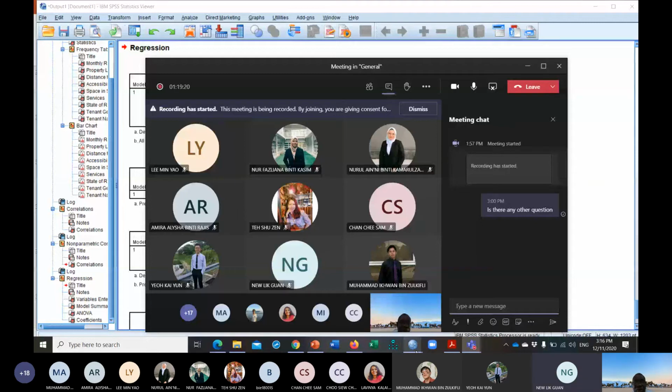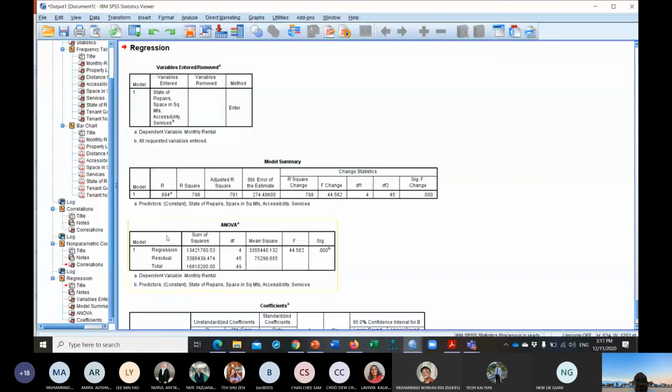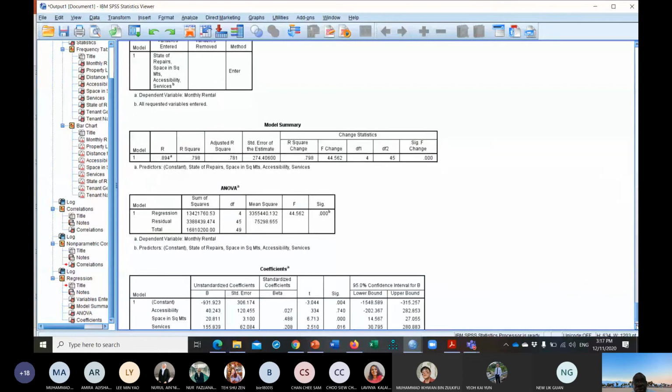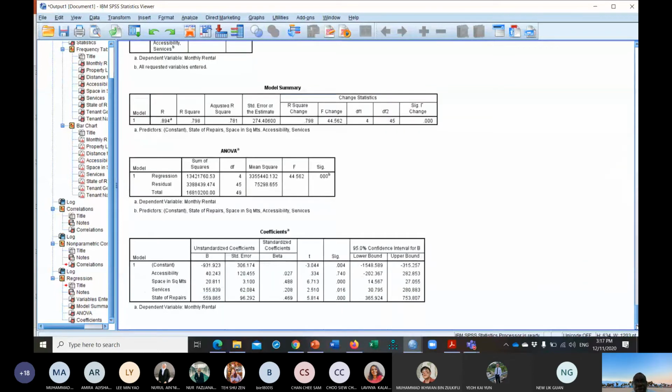Now, let's go to our analysis of variance, which equally shows significant. Now, coefficients. When I talk about beta value, we are talking about coefficients. We now want to know how much each of these factors is contributing to the model individually.